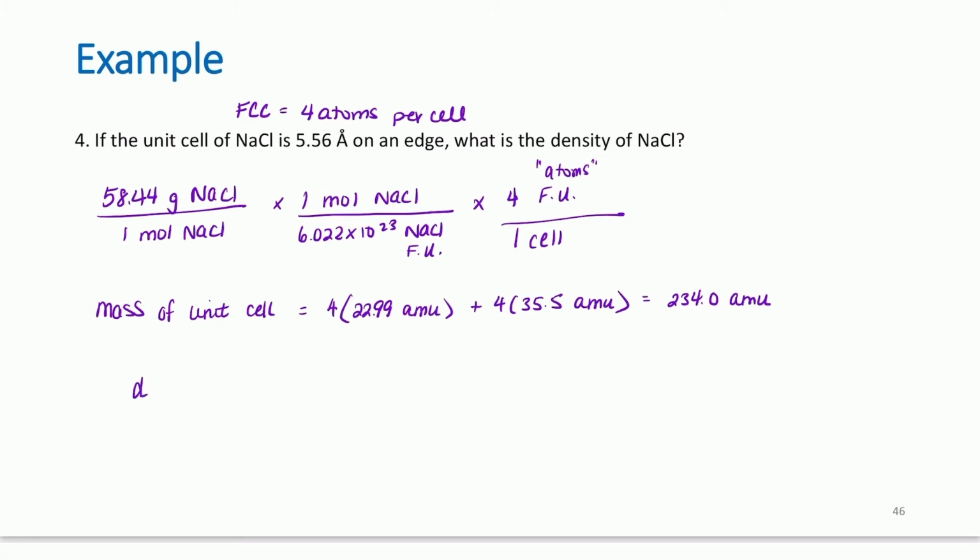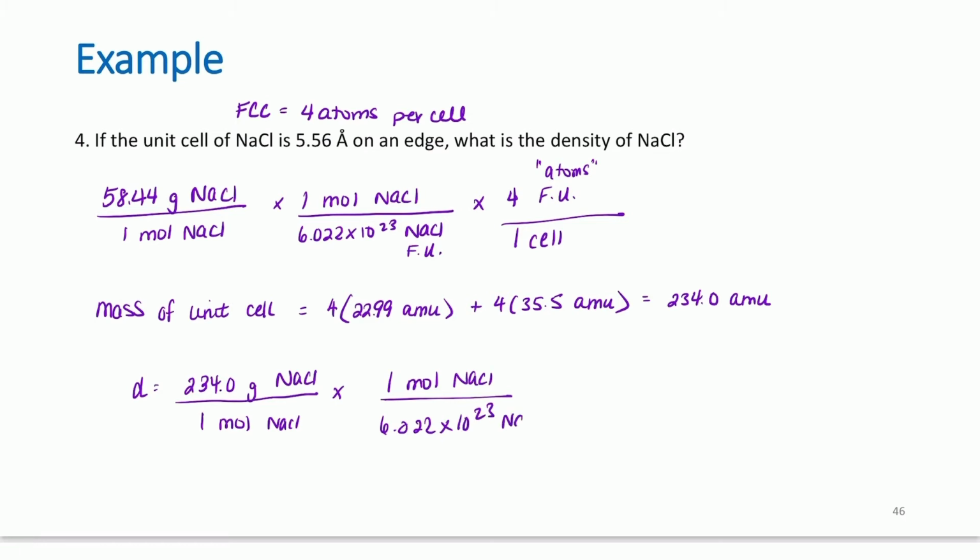I want the density. I know 234.0 AMU is the same as grams per 1 mole. I know that 1 mole is 6.022 times 10 to the 23rd NaCl formula units.